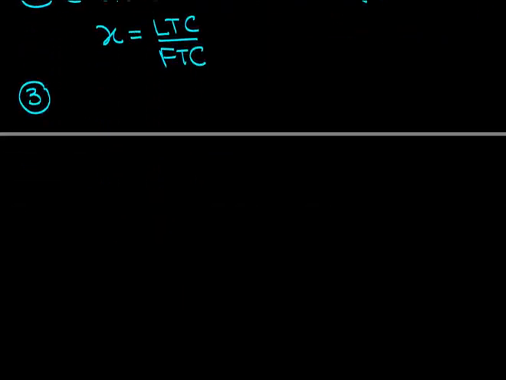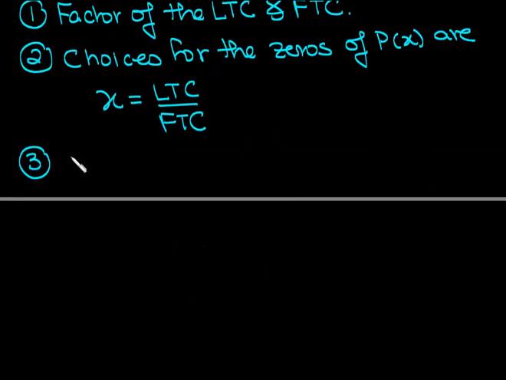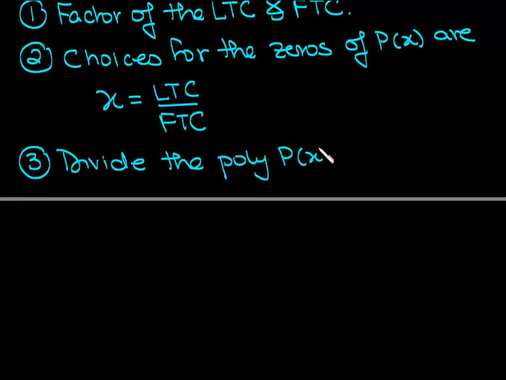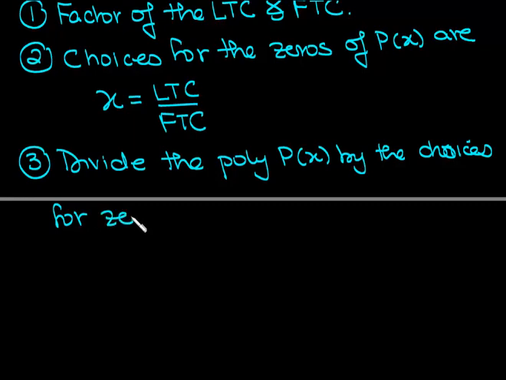So then we divide the polynomial p of x by the choices for x for 0 in step 3.